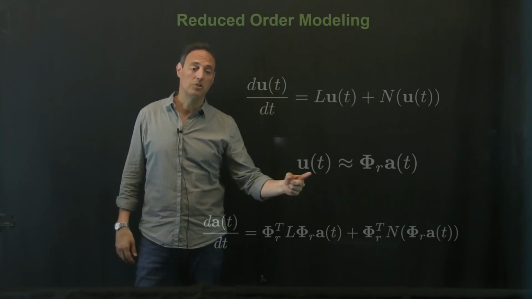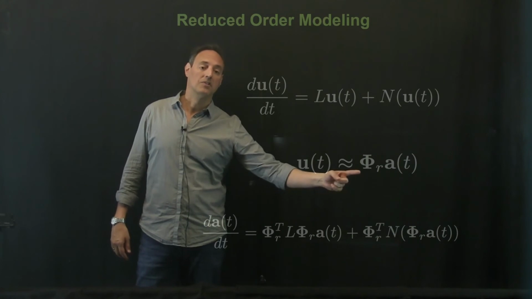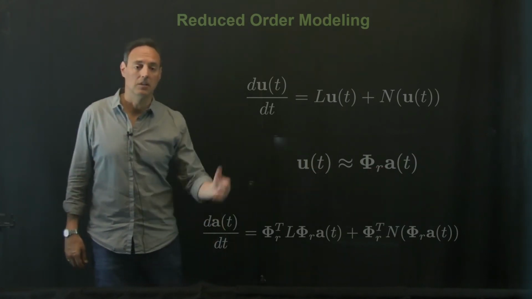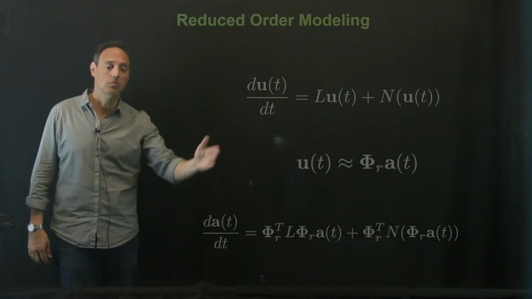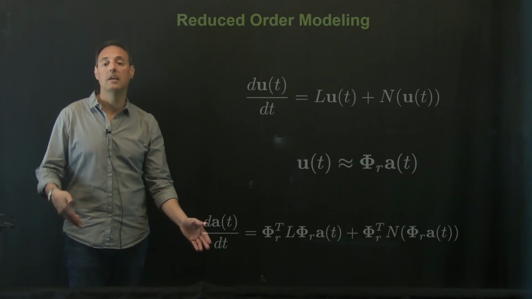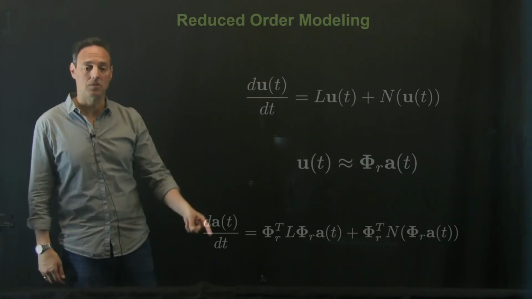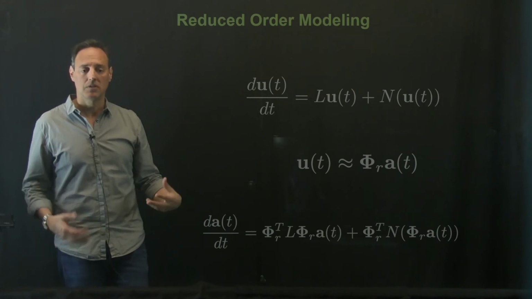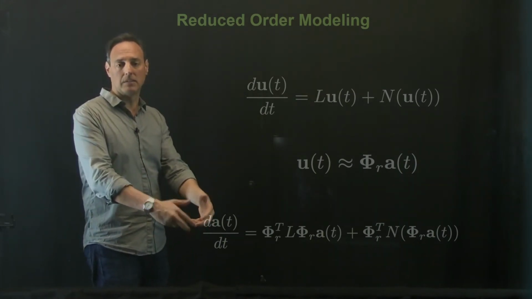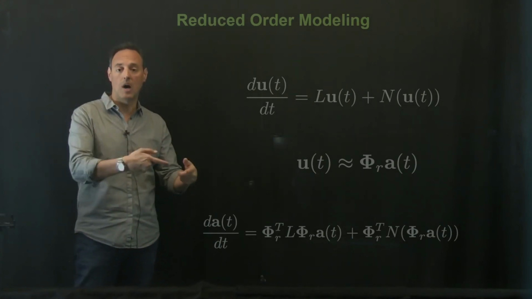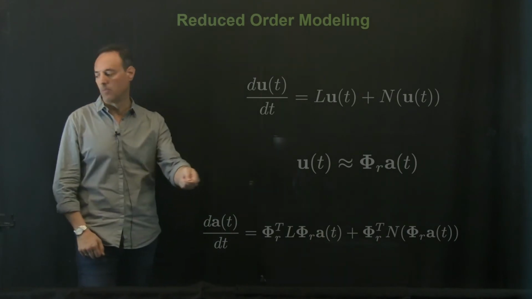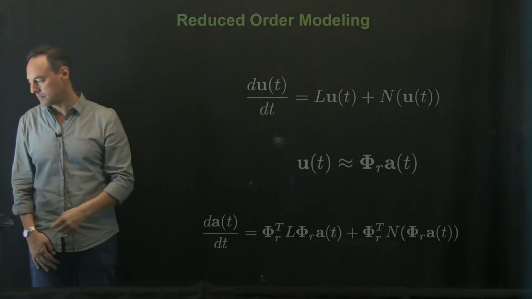So I'm going to project into this subspace and write down r equations for a of t. Here is this transformation from u to a. Now this is a rank r system, and presumably r is much, much smaller than n, so this is very efficient to solve. That's the idea of reduced order modeling: write your dynamics in a different basis and solve there, because it's much faster computationally since it's low dimensional.